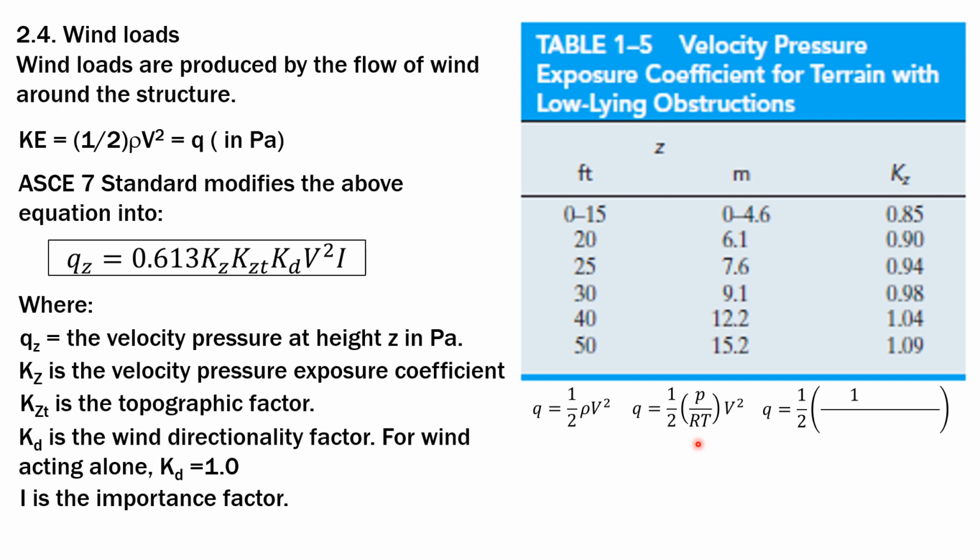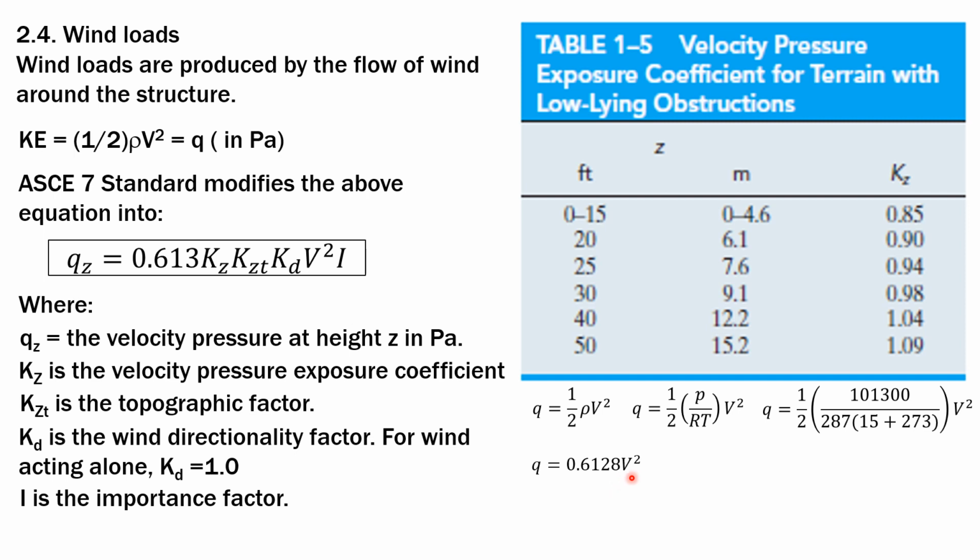So q is one-half, 101,300, assuming standard atmospheric pressure, then the gas constant of air, then temperature 15 degrees Celsius plus 273 to make it Kelvin. So you will get 0.6127, which is 0.613 to three decimal places, times velocity squared.